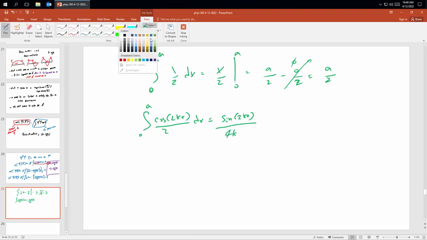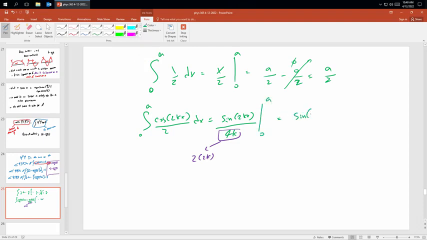Let me go ahead and write this down, 2 times 2 of k, from 0 to a, and it's going to equal sine 2ka over 4k minus sine 0 over 4k, which is going to go to 0 anyway. You with me? So it's going to equal sine 2ka over 4k.